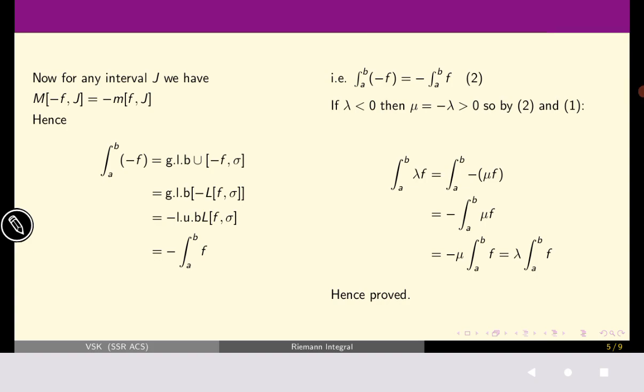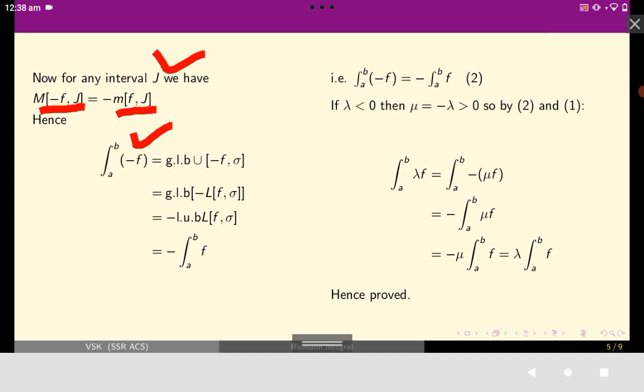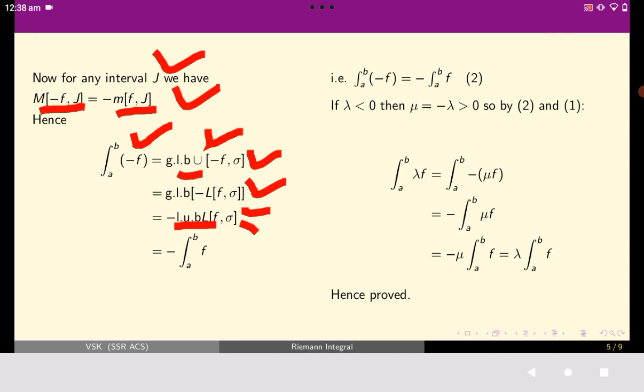Now, let us take another case. For any interval J, we know that the supremum value of minus f over J will be minus the infimum value of f over J. Because of this, when we find the integral from a to b of minus f, that will be the GLB of the upper sums of minus f over sigma by definition, that will be the GLB of minus the lower sums of f over sigma, and that will be minus the LUB of the lower sums of f over sigma, but by definition this is equal to minus the integral from a to b of f.